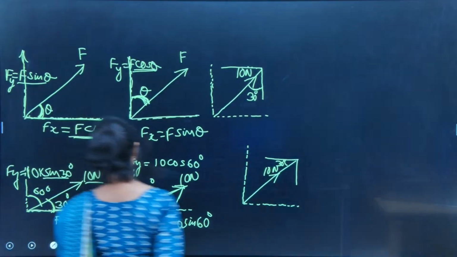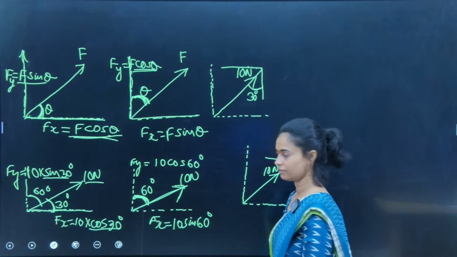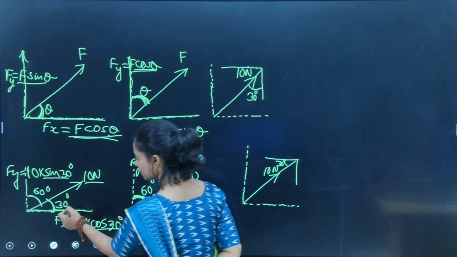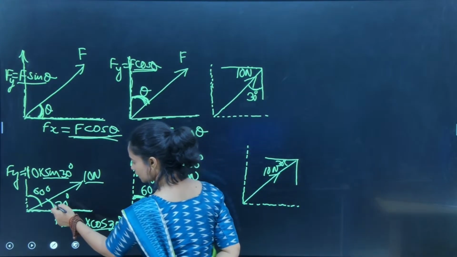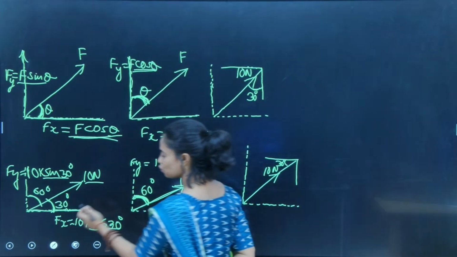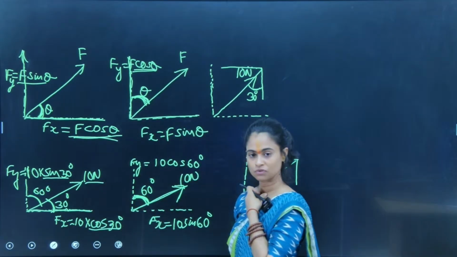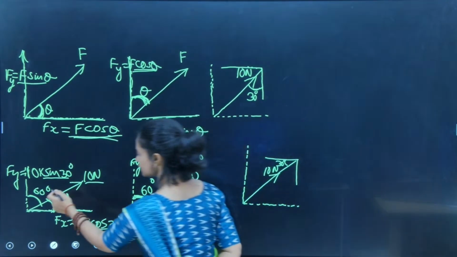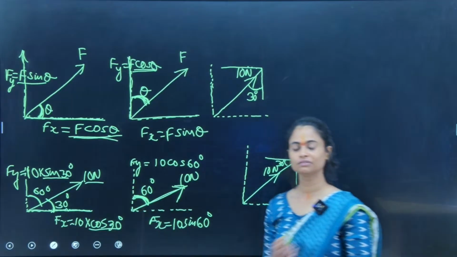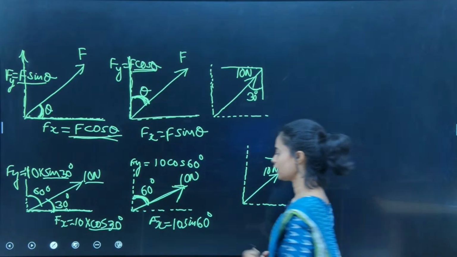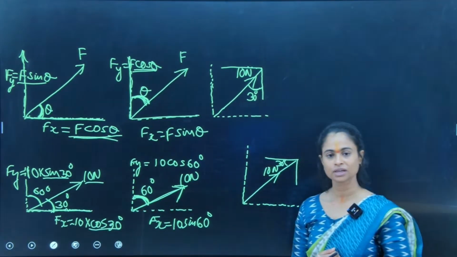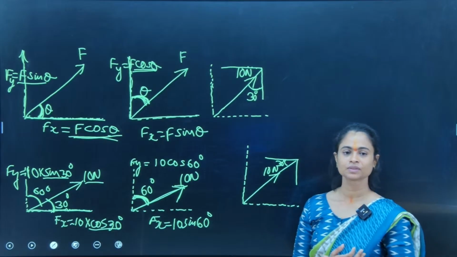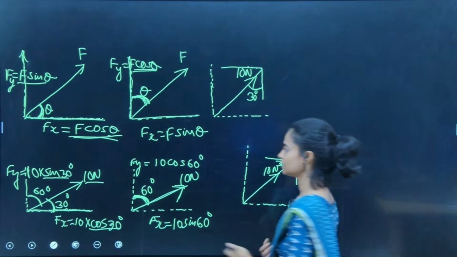So the same case is written here, right? I can take 30 as my angle of inclination to find the components of the force, or I can take 60 degree as my angle of inclination. In both cases, you will get the same answer. Yes, you can check it.